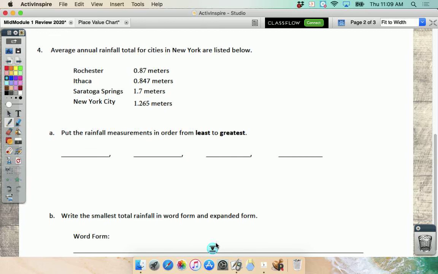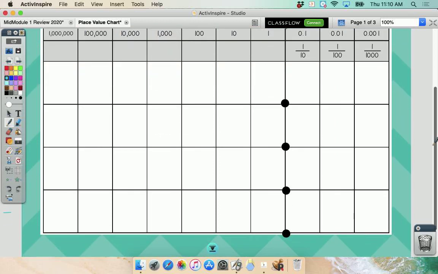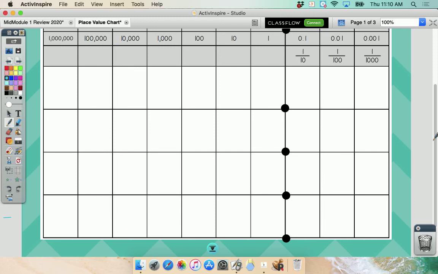Okay, so this says, put the rainfall measurements in order from least to greatest. So the first thing we need to do before we do this is what, boys and girls? Get your place value chart. Very good. And I'm going to have to make mine so you can see all the rows. Okay. So the first, and we're just going to do it in order. So I've got 87 hundredths of a meter.